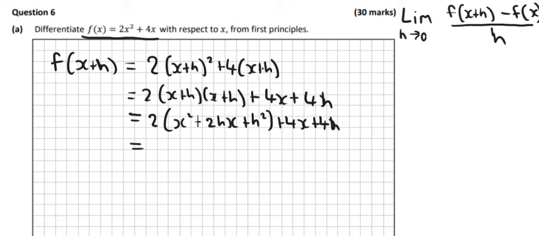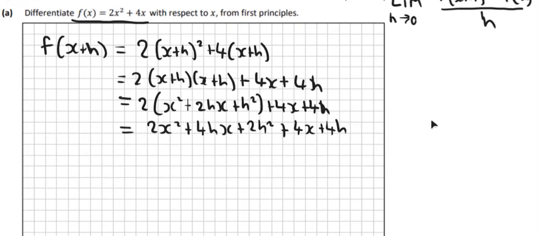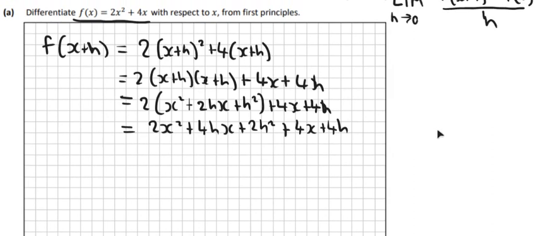And then multiplying by the 2, so 2x squared plus 4hx plus 2h squared, and then plus 4x plus 4h. So it's getting quite complicated already. These always get complicated, but they're fairly routine. The same thing happens each time.